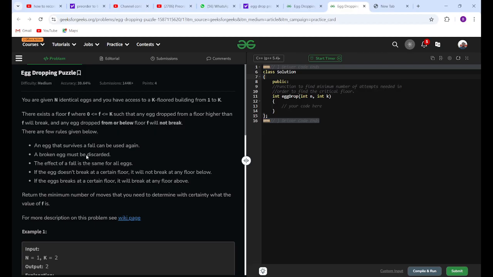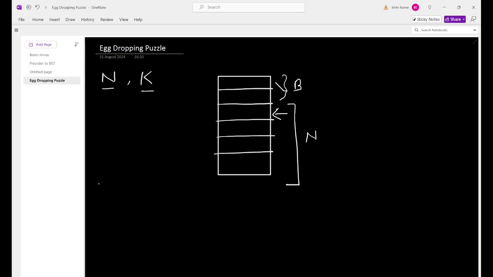The effect of a fall is the same for all eggs. If an egg doesn't break at a certain floor, it will not break at any floor below.